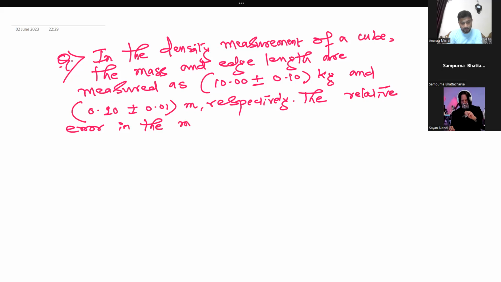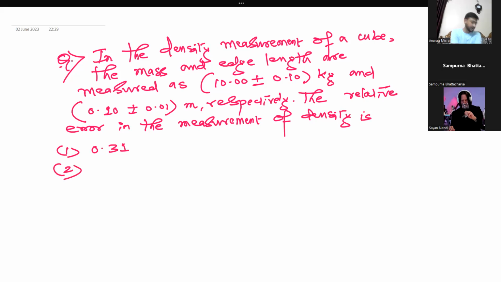The first option is 0.31. Remember that relative error or percentage error has no unit, and other errors will be the same as the given points. The second one is 0.01, the third option is 0.10, the fourth option is 0.07. This is a question from your JEE Mains 2019.